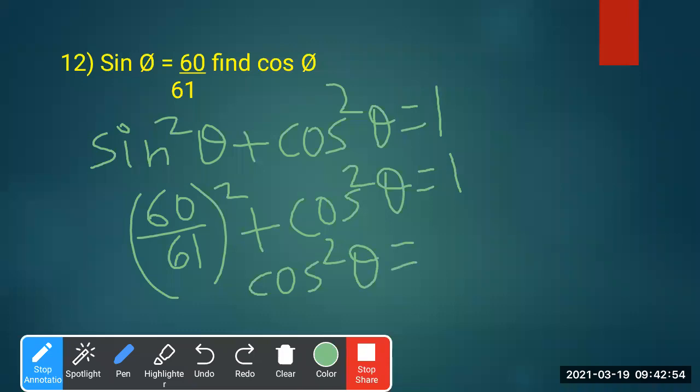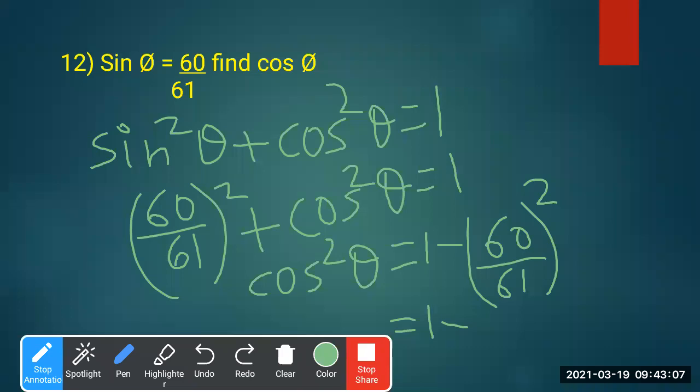After equal to, it is 1, and this plus will go this side and become minus, that is 60 upon 61, the whole square. Okay, so it will be 1 minus 60 square, it will give you 3600 upon 61 square, that is 3721. Okay, so 1 minus 3600 upon 3721.